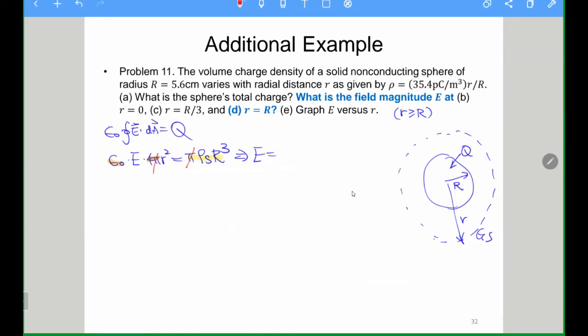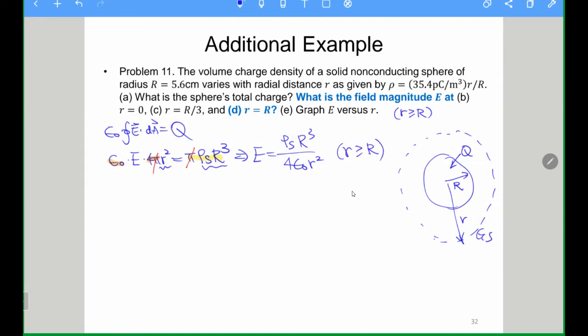So we have a 4 epsilon naught in the denominator, and then we also have r squared, and then rho s R cubed. So this expression is for r larger than or equal to capital R.